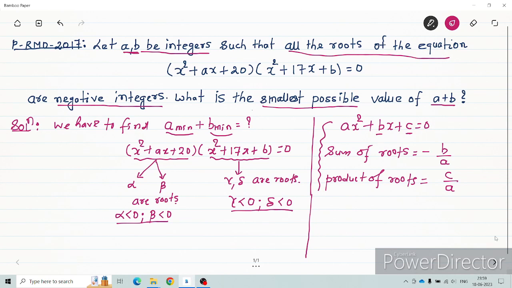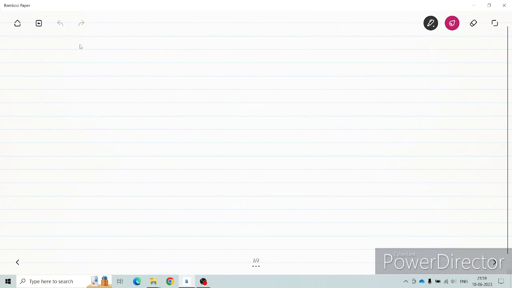Okay, so let us look at how we can solve this. Let us take the equations one by one. The first quadratic equation is x² + ax + 20 = 0, and we have assumed that alpha and beta are the two roots.